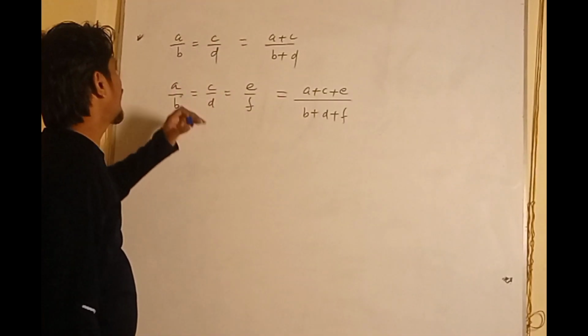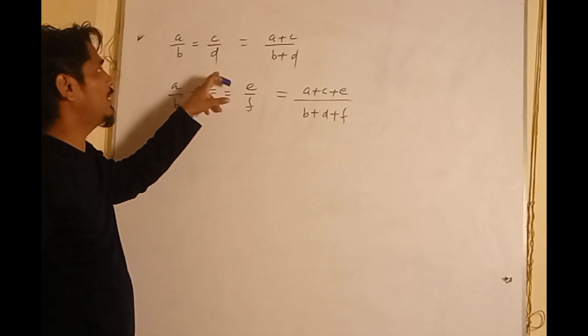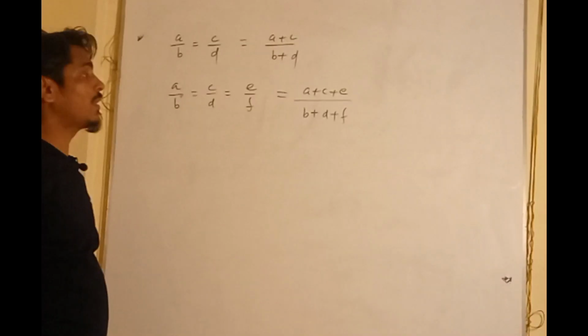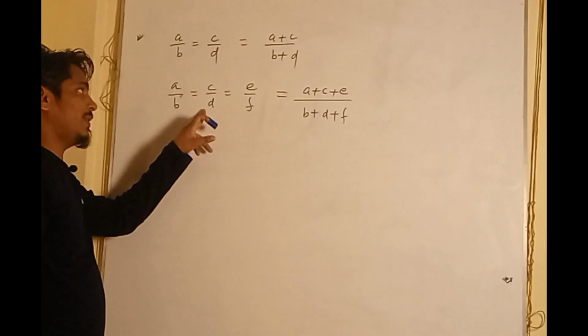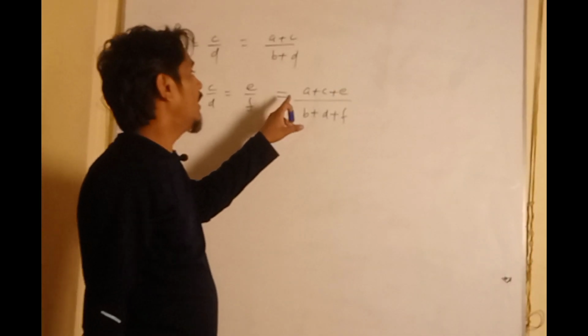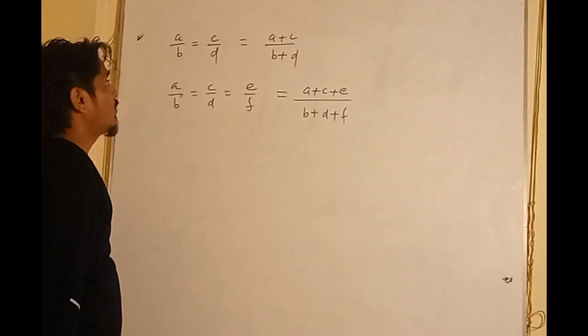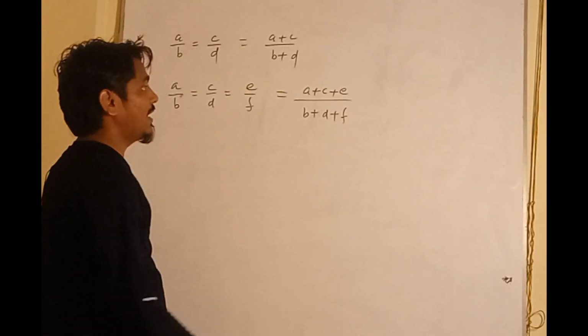I mean, we are adding the top with the top and bottom with the bottom, then that will be equal to the value of each one of these. So A by B is equal to C by D is equal to E by F is equal to (A plus C plus E) over (B plus D plus F). This property we call addendo.